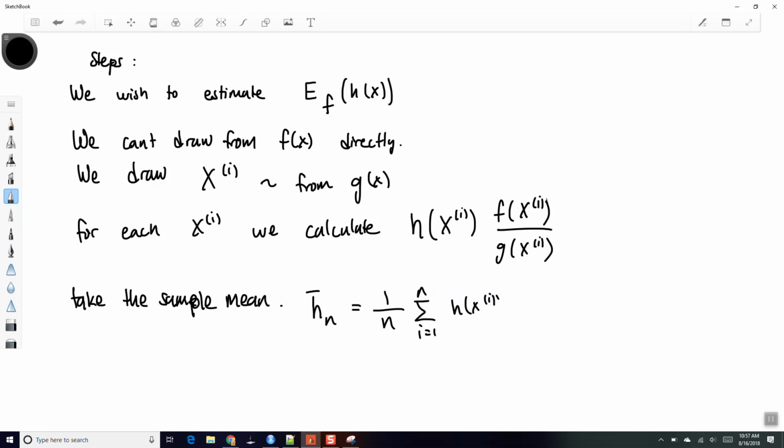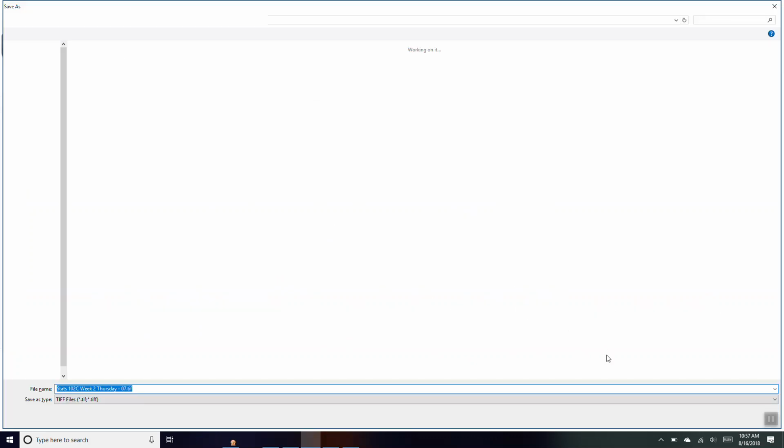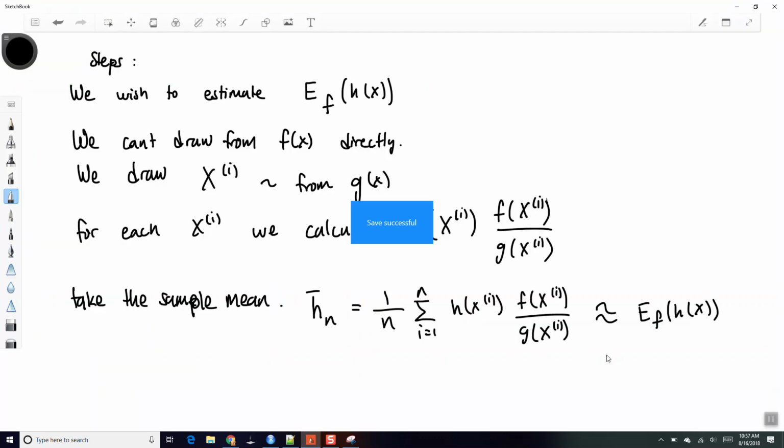So we take the sample mean of all of this, and this is going to be approximately equal to the thing we want, even though we are drawing from g. As long as we weight those values accordingly, we will get the correct estimate.